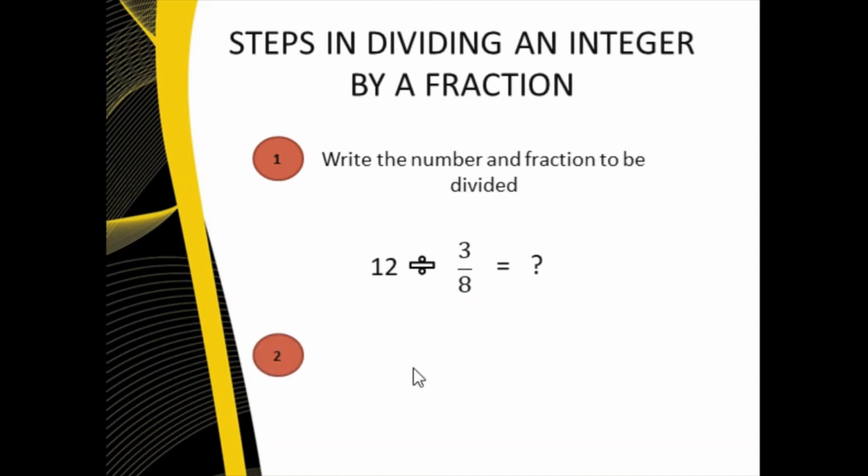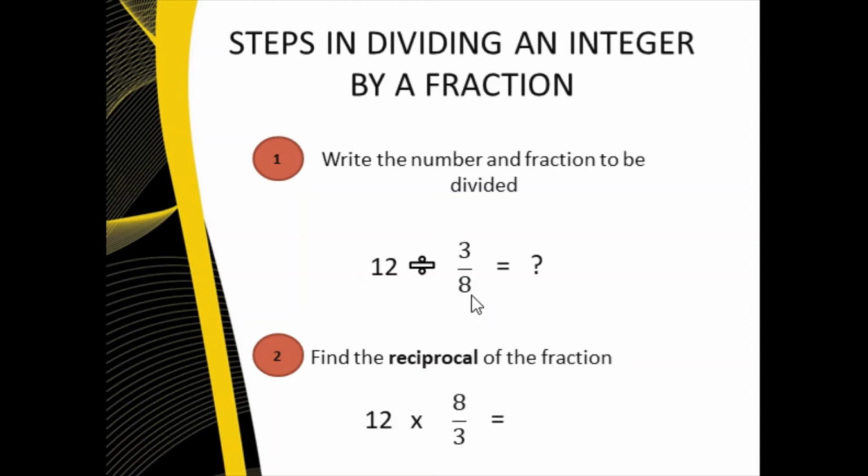Number 2, this is the time that you will find the reciprocal of the fraction. When you say reciprocal, it's the opposite of the fraction. If this is 3/8, the reciprocal would be 8/3. So it's now 12 times 8/3.